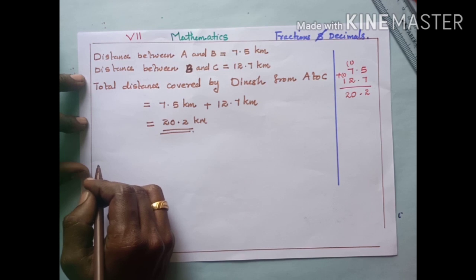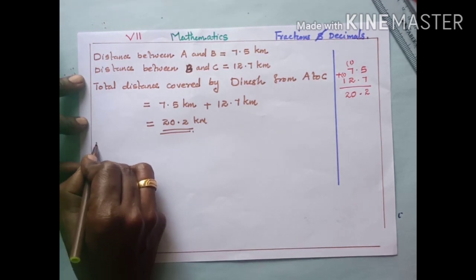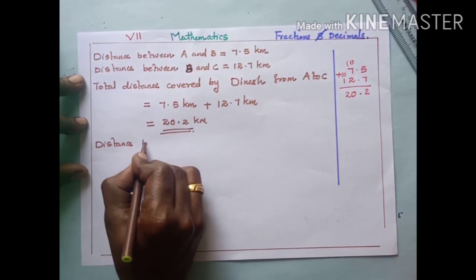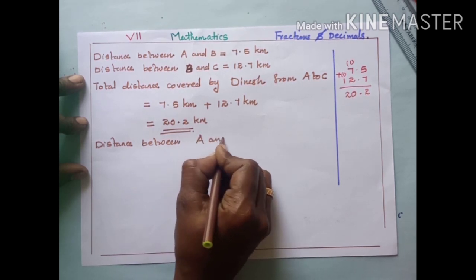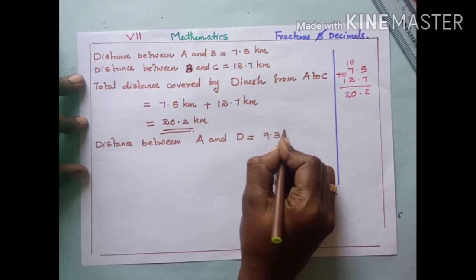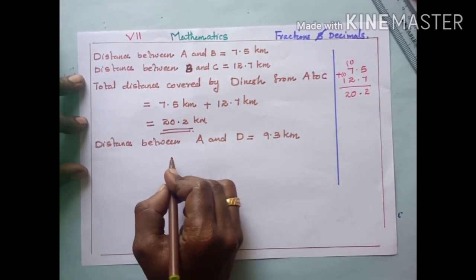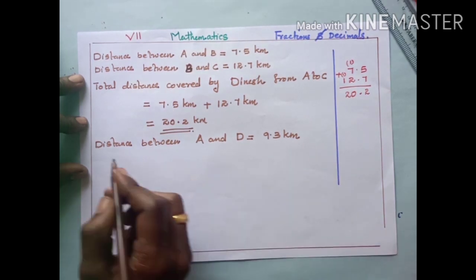Next we want to find out the total distance covered by Ayub. So the distance between A and D equals 9.3 kilometers. Ayub went from place A to D, which is 9.3 kilometers.